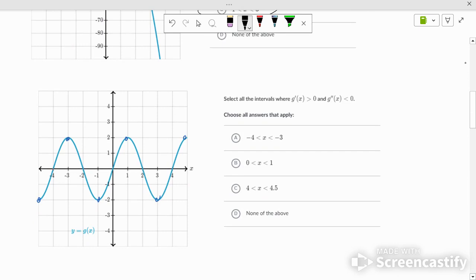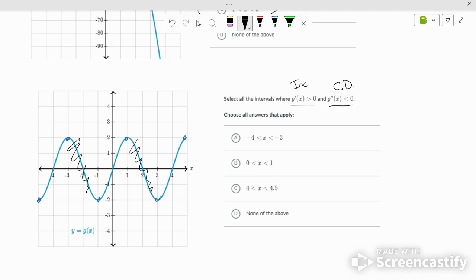Okay, this one. What does this tell us? Increasing. What does this tell us? Concave down. So we've got to see where it's increasing and concave down. So it's not this and not this, because those are both decreasing. Increasing, concave down. Well, it's concave down here, so this works from here to here.